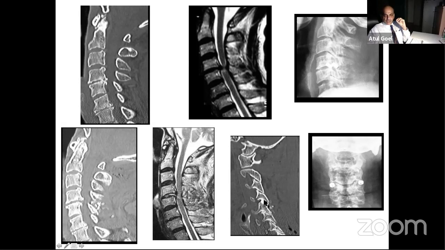You distract the facet and stabilize the facet, and the osteophyte will disappear. The ligamentum flavum will become unbuckled. You see the ligamentum flavum buckling, and the disc, you see there is white. There is fluid in the disc space.